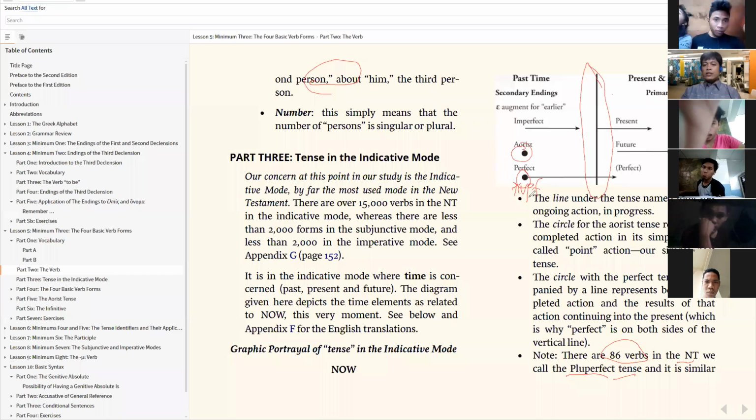The dot begins right here, but it continues, but before it reaches the now, the action ends. That is what it means to have the pluperfect tense. All right, good. Let's move on to the next page.